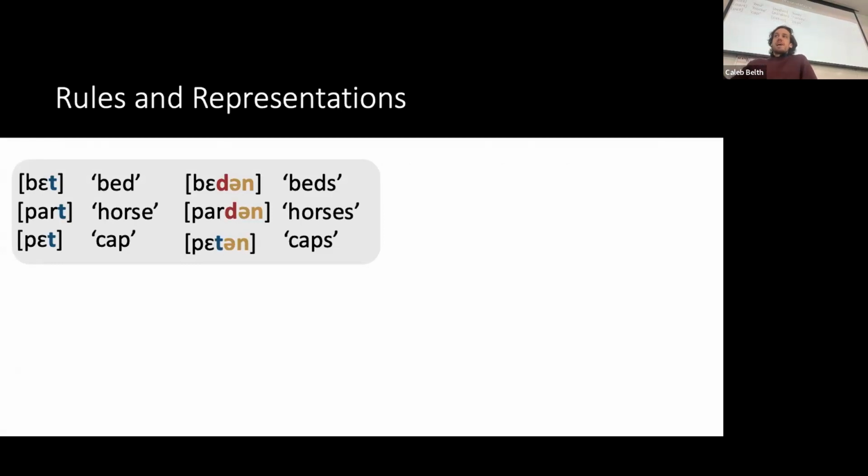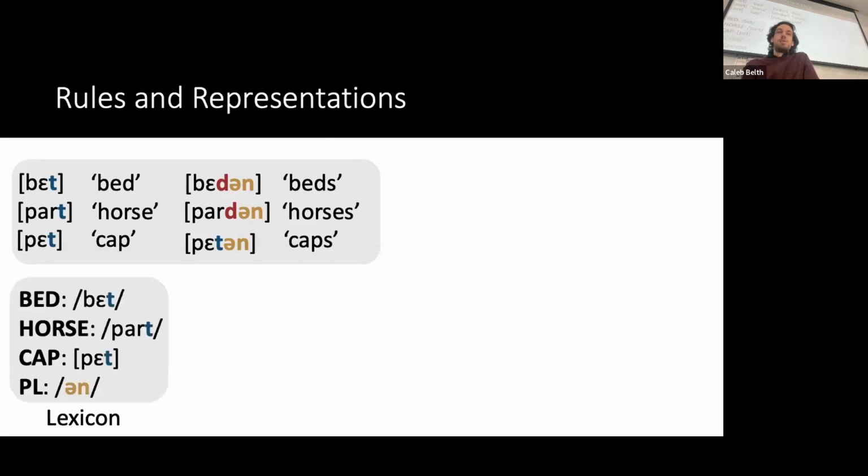And if we were to start analyzing this, first thing we might do is look for some patterns and see that, for example, the plurals are ending in schwa n, whereas the singulars are not. So one route we could start going down is to say that maybe the root form of these 3 nouns is their form in the singular. So we'd have bet, part, and pet.